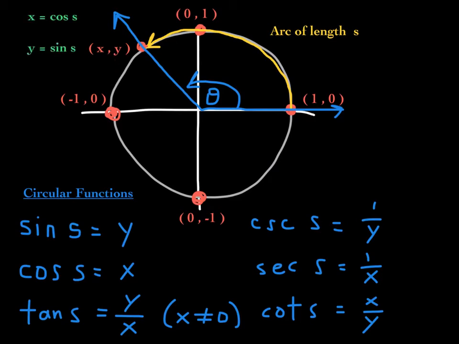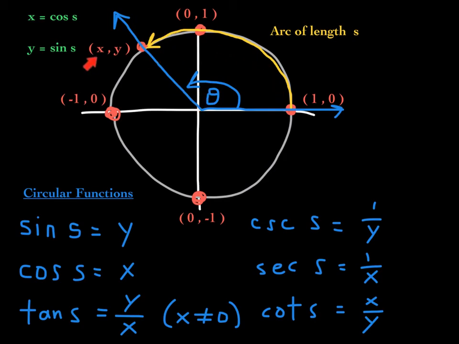So this is very important, and this leads us to the unit circle with all of our special angles and quadrantal angles with function values as well. I'll show you that on the next slide. But what I want to really drive home for you here is that s is the arc length. This is arc length here that is related to the angle theta in radians that intercepts that arc, right?